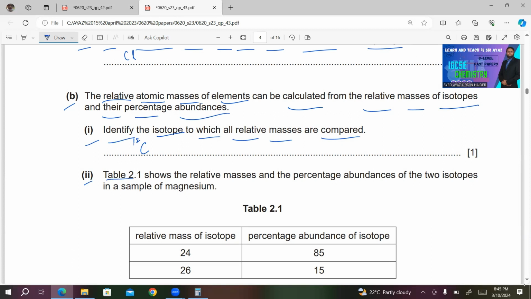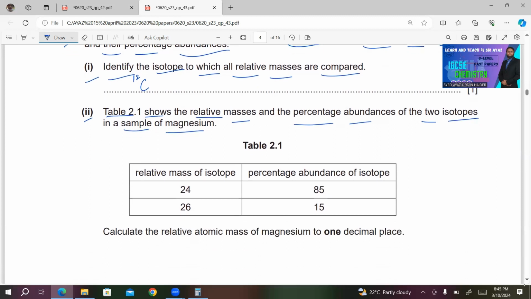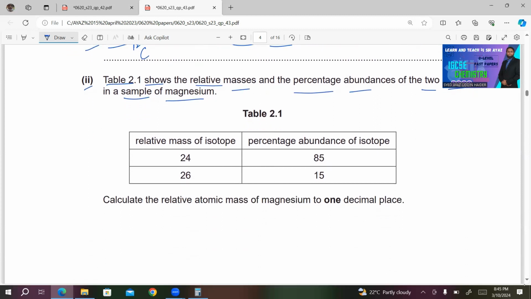Number 2, table 2.1 shows the relative masses and the percentage abundances of the two isotopes in a sample of magnesium. We have relative mass 24 with percentage abundance 85, and another isotope with relative mass 26 and abundance 15.